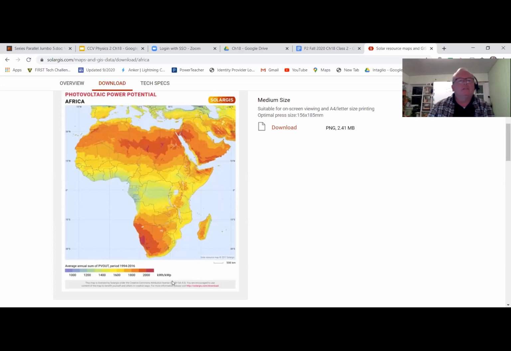So I think that you can see that we have interesting units. So this is kilowatt hours per day. Actually, this is kilowatt hours for the entire year. And the country I'm interested in is right here.